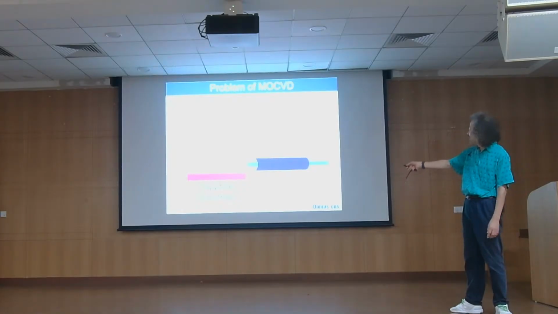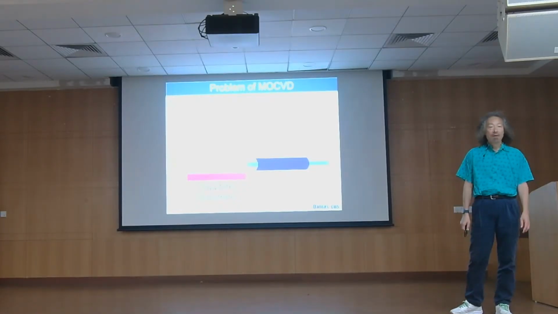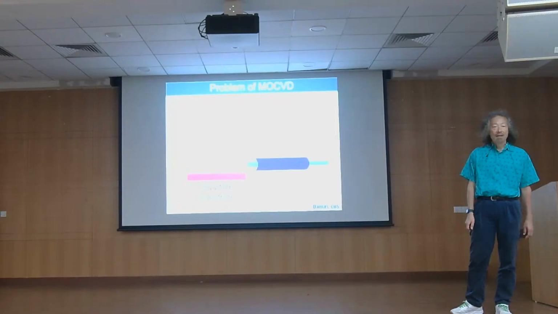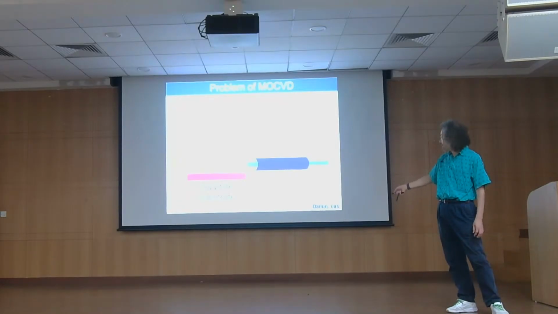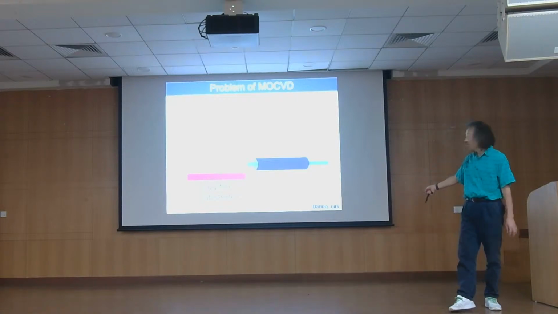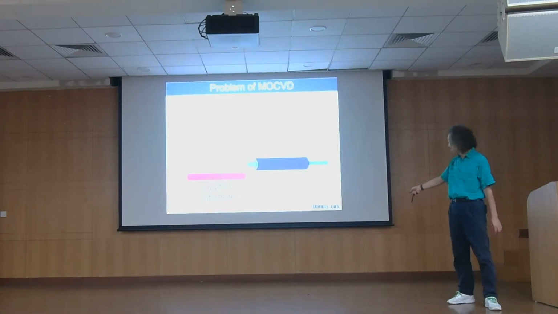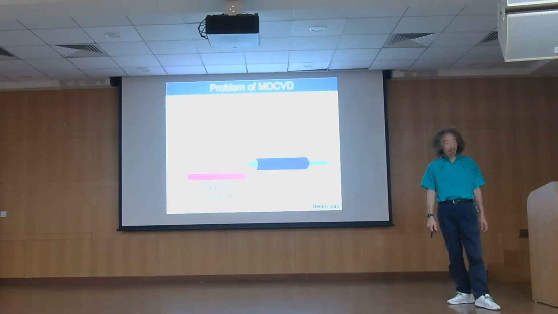Now, there is a reactor which is temperature controlled. There is a sapphire substrate in the reactor. They send reactant gas containing components like NH3, H2, and TMG. TMG stands for trimethyl gallium, so it is basically gallium.